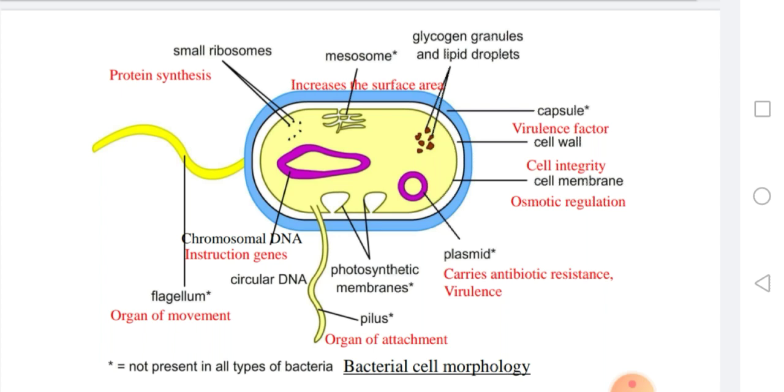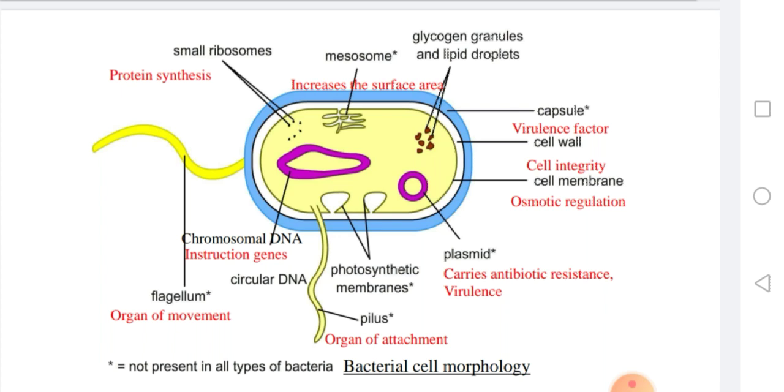Plasmid carries antibiotic resistance and virulence, the ability to cause diseases in some bacteria. The capsule, which is a virulence factor, is antiphagocytic, it resists phagocytosis, and is found in some bacteria. The mesosomes increase the surface area in some bacteria.